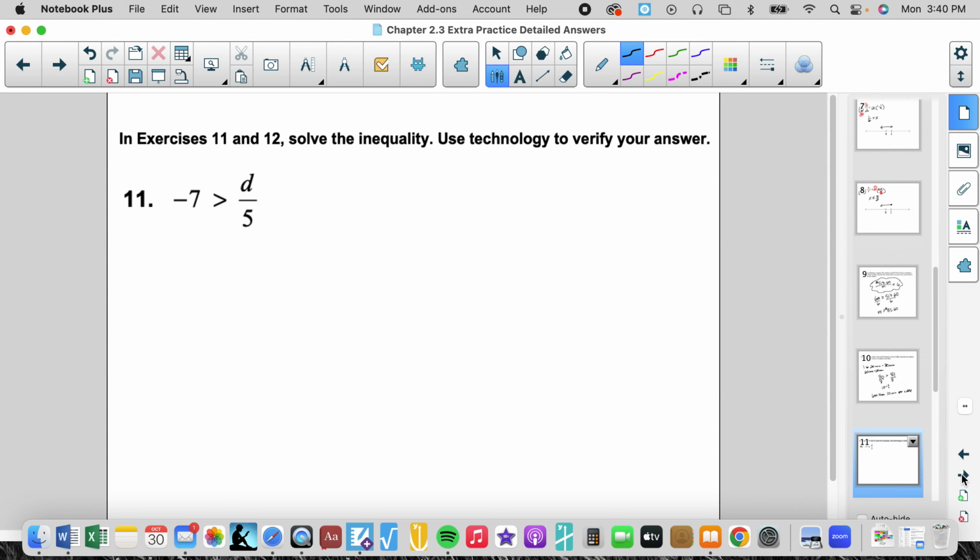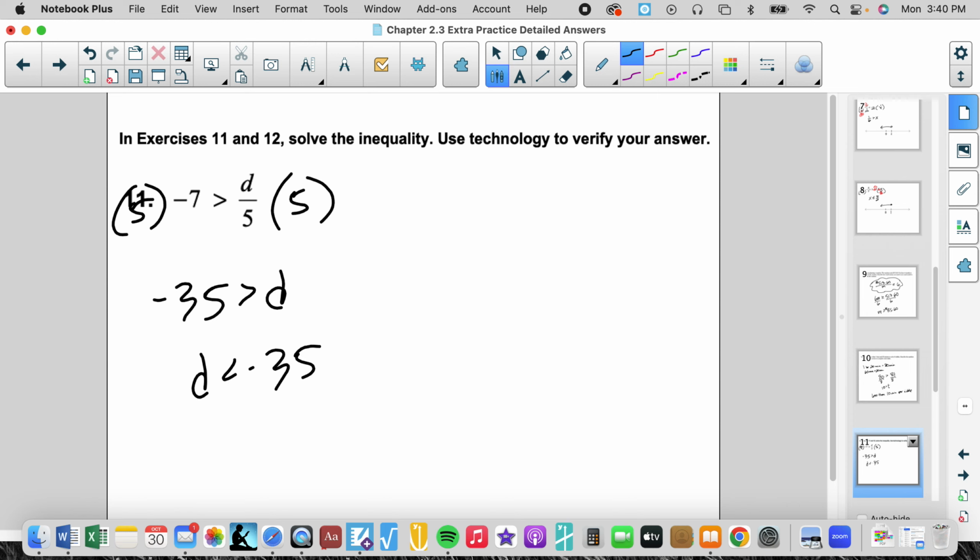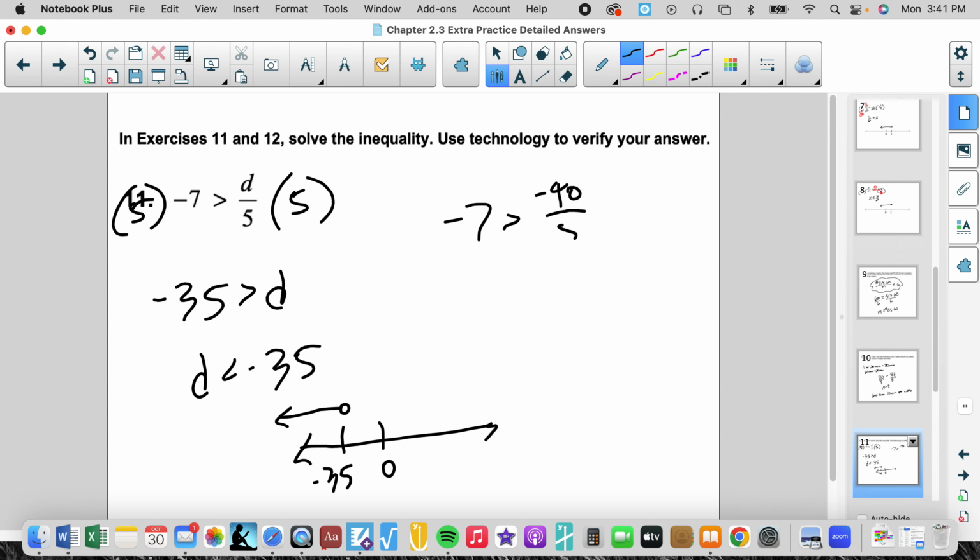All right, use technology to verify your answer. Well, let's first of all solve the answer. So we say that D is less than -35. So if we wanted technology to verify my answer, if my solutions have to be less, I would take a number that is less than negative 35, like, I don't know, negative 40, and plug it in, and that is a true statement.